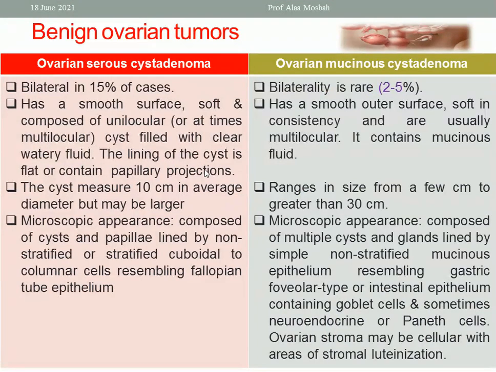Let us go again to the ovarian serous cystadenoma. It is bilateral in 15%, while the mucinous is rarely bilateral, 2 to 5%. Let us go to the macroscopic picture and the microscopic picture. As regards the ovarian serous cystadenoma, it has a smooth surface, soft, and composed of a unilocular, but maybe multilocular cyst, filled with clear watery fluid.